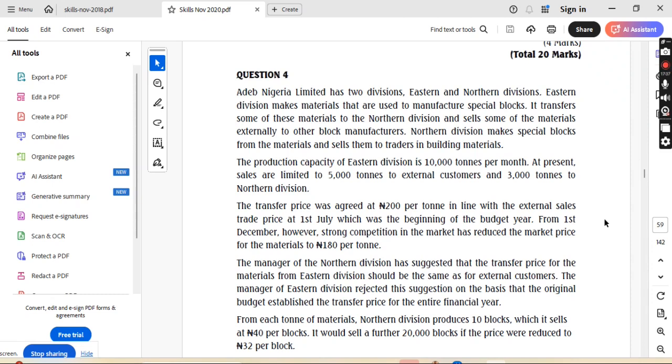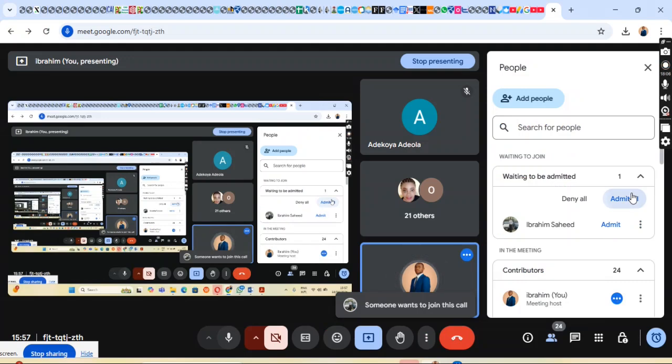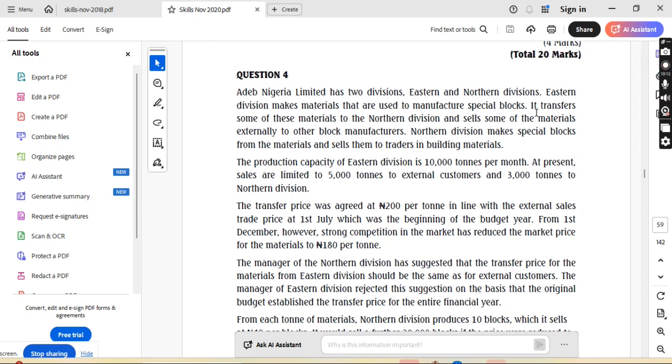When Eastern makes this material, this material will be used to make what? Special blocks. Now, this means that Eastern division is the selling division, because that is what they will use to manufacture the special blocks.